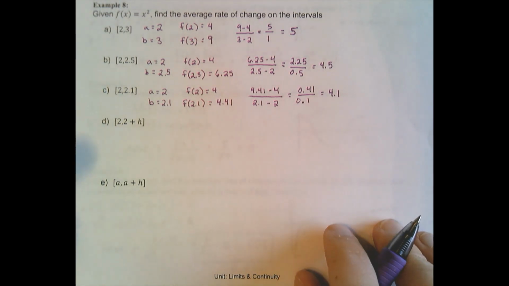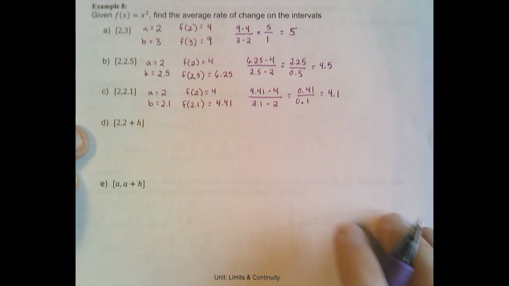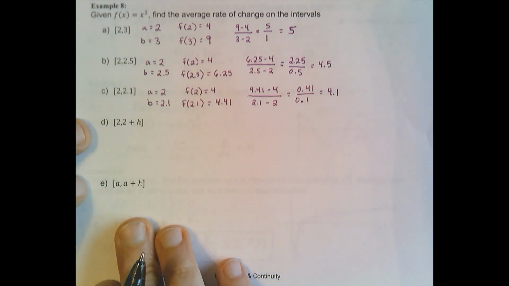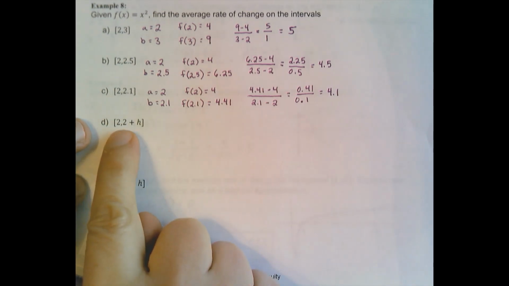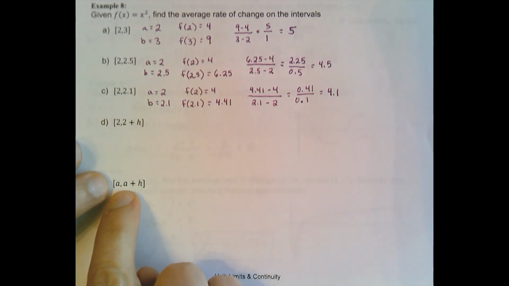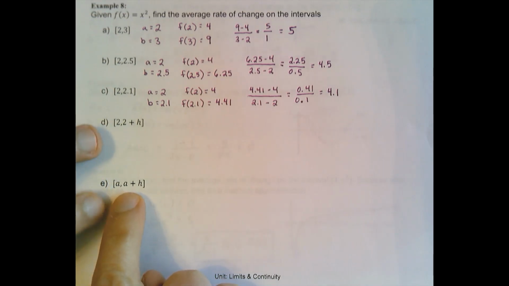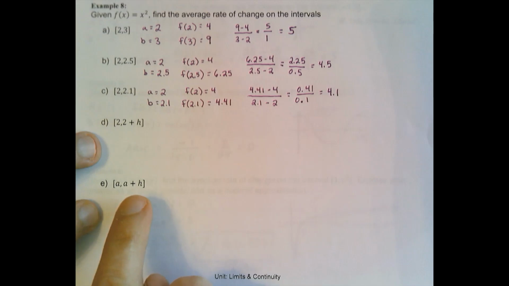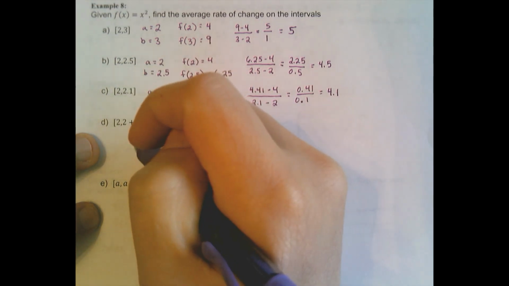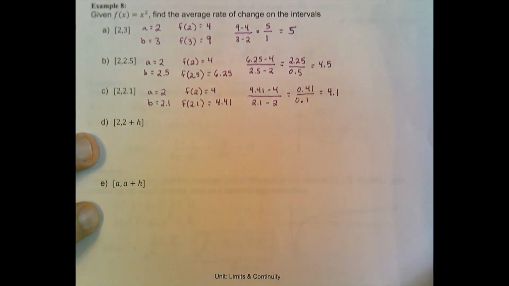The first step in exploring that efficient method is what we're going to see here in part D and E. Part D is a specific case where our initial value is 2, and part E is a more generalized case where our initial value can actually change. We're not going to get into the exact calculation that I'm talking about today, but we are going to explore doing average rate of change over a variable expression.